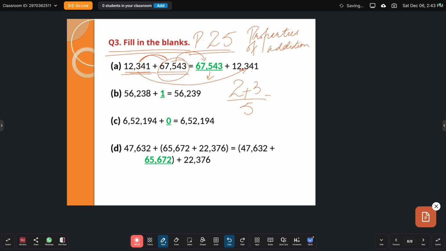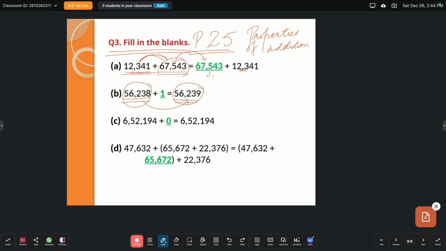Now we will move to our part number B. So this part B is 56,238 is added to some number that I don't know. And the answer is 56,239. So you will think like this: this is 56,238 and this is 56,239.